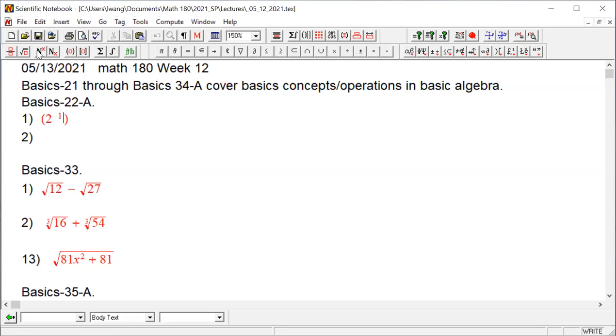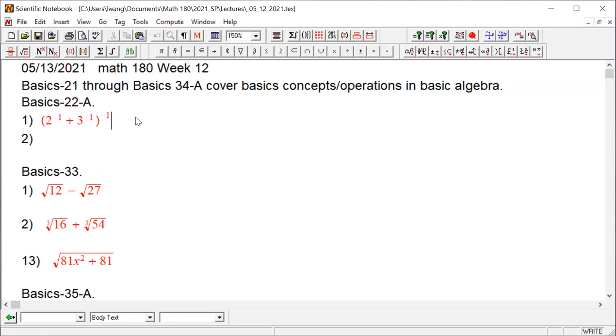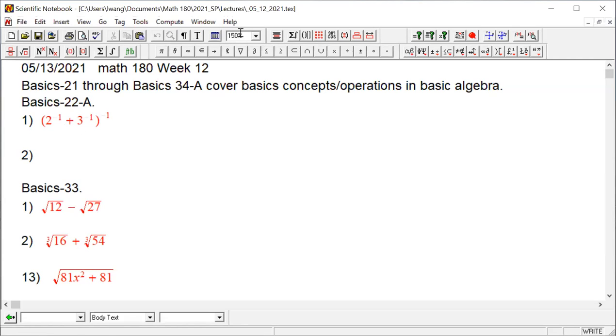These exercises are from pre-algebra. This is the exercises from pre-algebra.